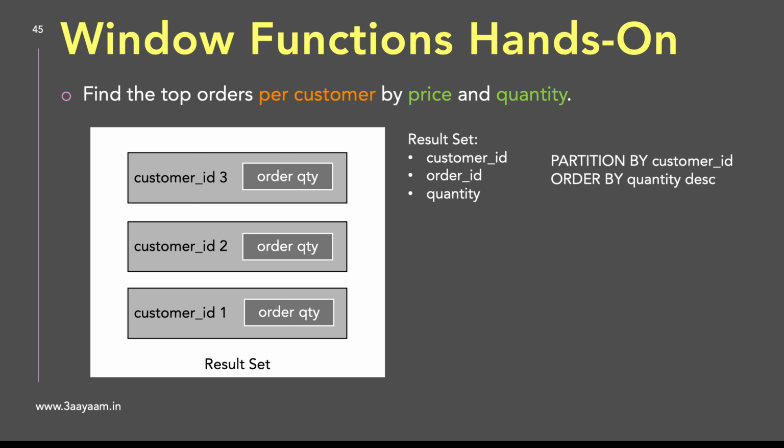We'll have to use something like row number, rank, dense rank, etc., because we want to find out the top orders. The moment I say top orders, it becomes a ranking problem to solve. So that's why I'll use the aggregate functions for ranking, which is row number, dense rank, and just rank. There's percent rank also. I don't think that would be needed.